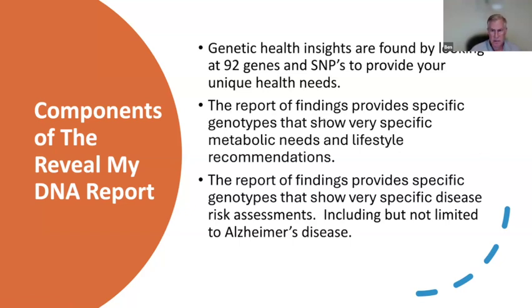So here you see SNPs. What is that? That's a single nucleotide polymorphism. It's a variation in DNA that occurs when a single nucleotide is replaced by another. These metabolic needs fall under macronutrients, micronutrients, minerals, plant-based phytochemicals, exercise, and sleep, in terms of these lifestyle recommendations right here.